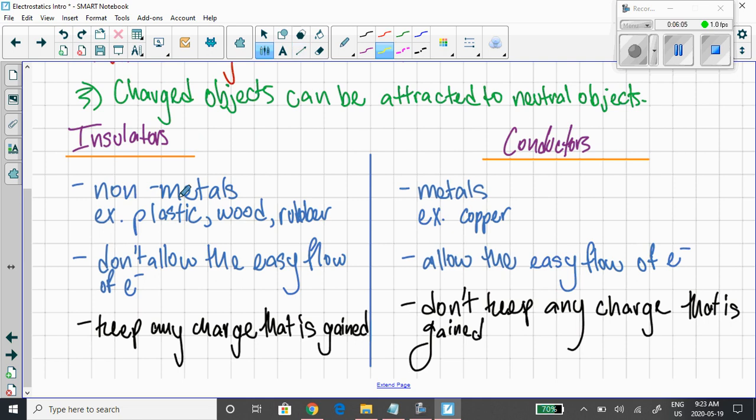Insulators. Most of them are nonmetals like plastic, wood, rubber, and they don't allow the easy flow of charges, mostly electrons we're talking about here. Okay, and if they do gain any charge, they keep it.